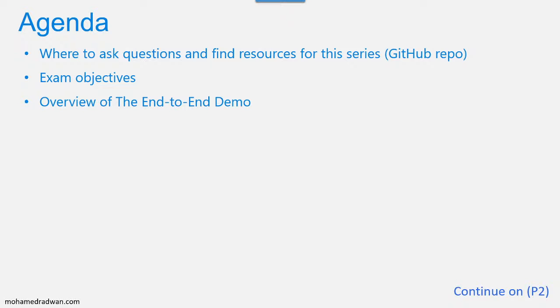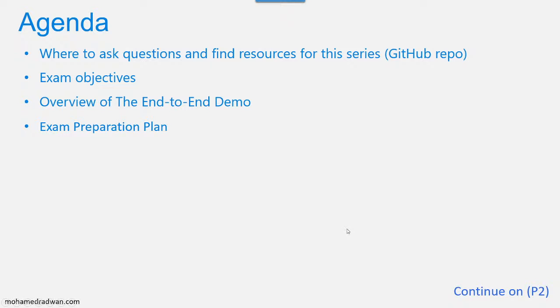After we cover the exam objectives, there is a project at the end. We will have an end-to-end demo where we can implement everything we have learned, including CI/CD pipelines.